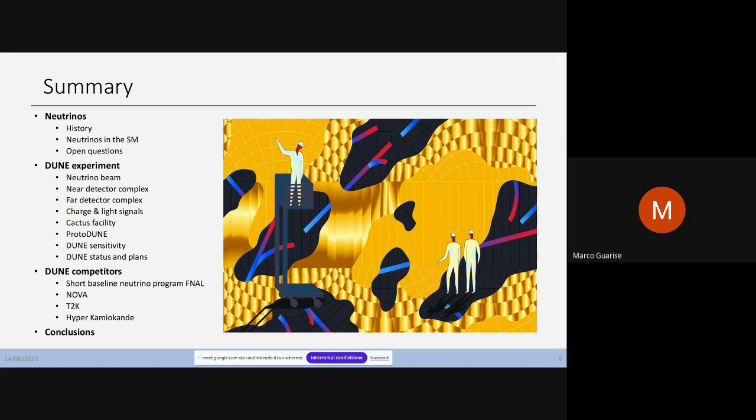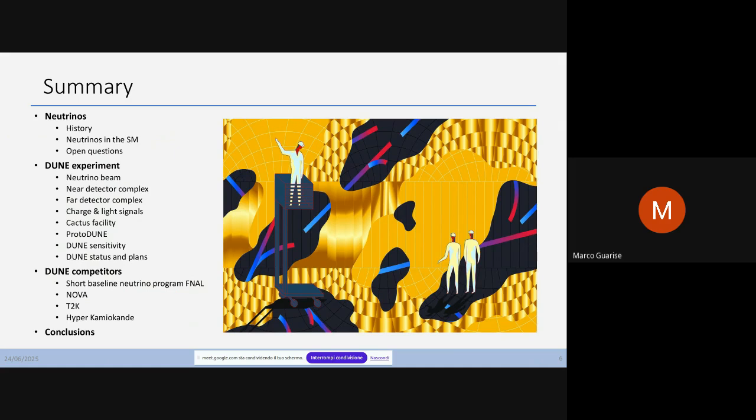trying to give a complete overview of all the activity we are doing, related to the neutrino beam, the near detector complex, the far detector, the Cactus facility, which is the setup and apparatus that we have here in Ferrara related to Dune, but also the prototypes of Dune, which are currently taking data at CERN.